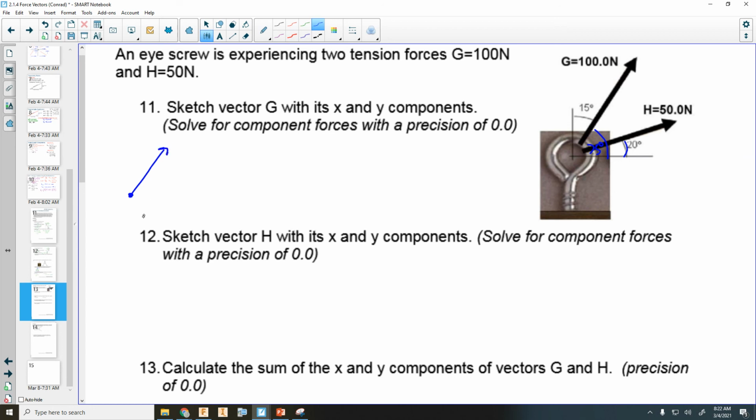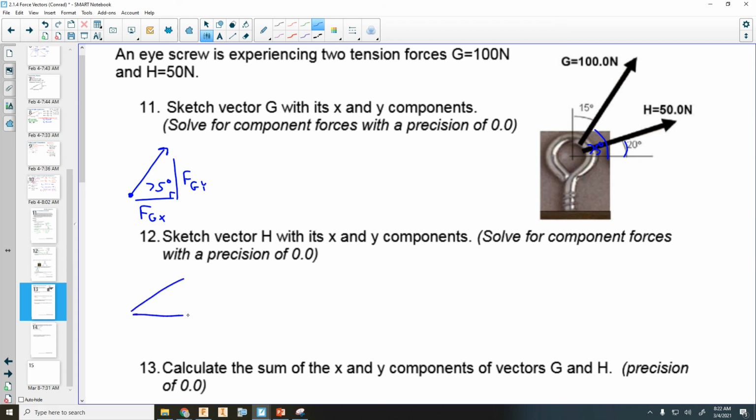So there's vector G, and that's a 75-degree angle, and we need to know the force of G in the x direction and the force of G in the y direction. What angle do you use? You're going to use a 75. Always use a reference angle, the x-axis. So break it down, and then vector H.